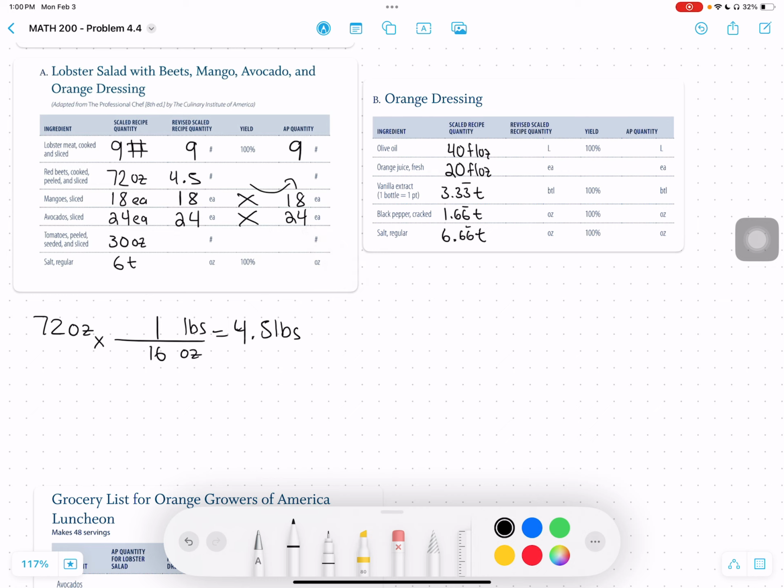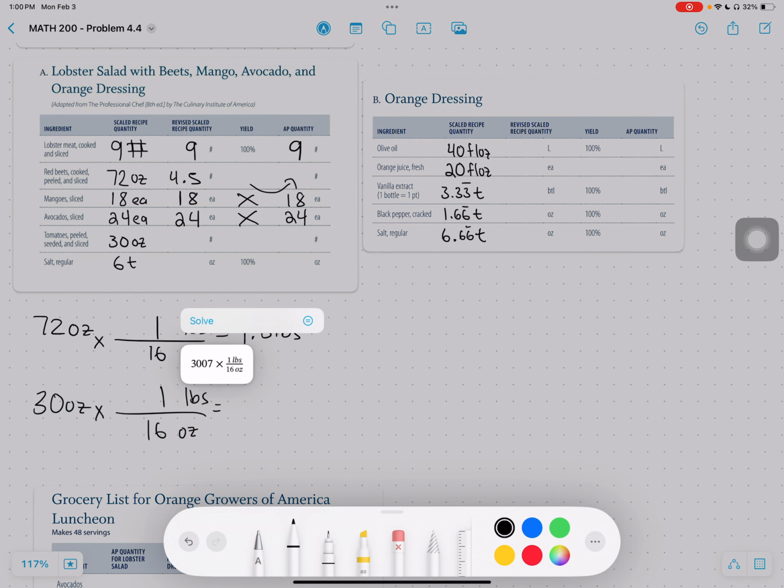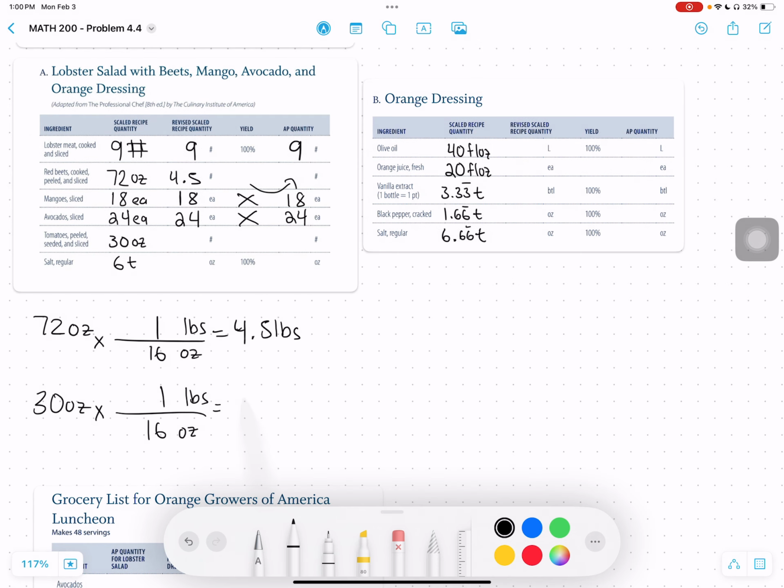For tomatoes, we're converting 30 ounces to pounds. Converting again to pounds, so 30 divided by 16. Total pounds is 1.875 pounds.